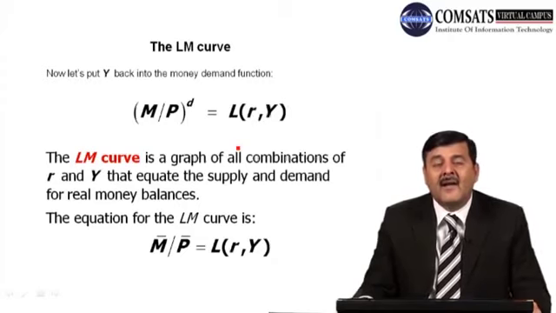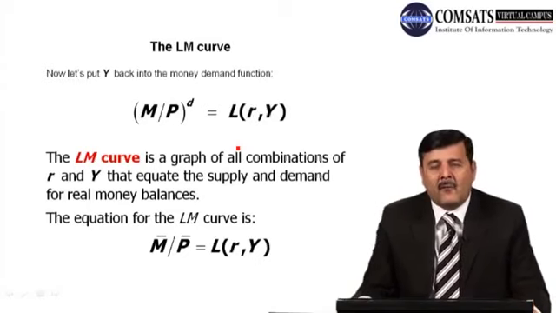So we can rewrite the demand for money function as (M/P)^d = L(R, Y). R and Y are the two determinants of demand for money.